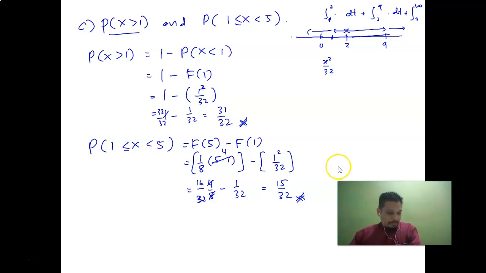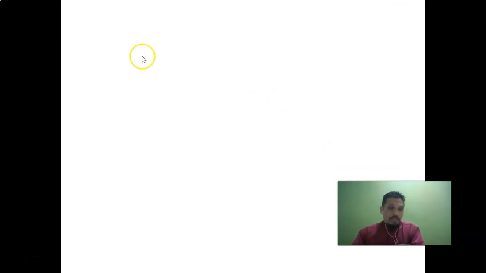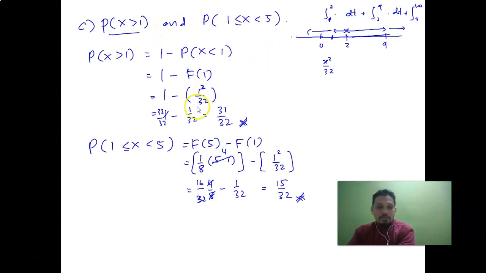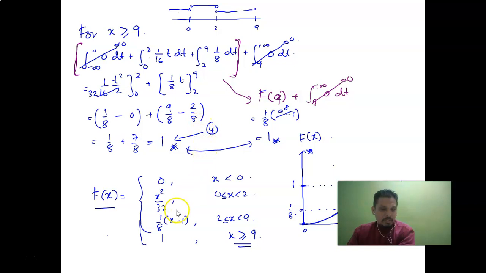And then the next one, we need to find the median. Let's say I choose F(2). Let's try F(2). Which function is involved here? For x equals 2, it is 1 over 8 times x minus 1.